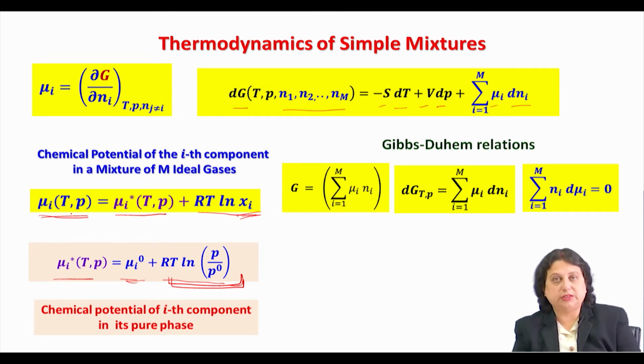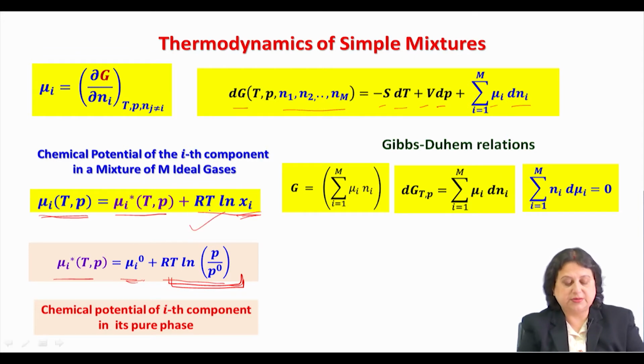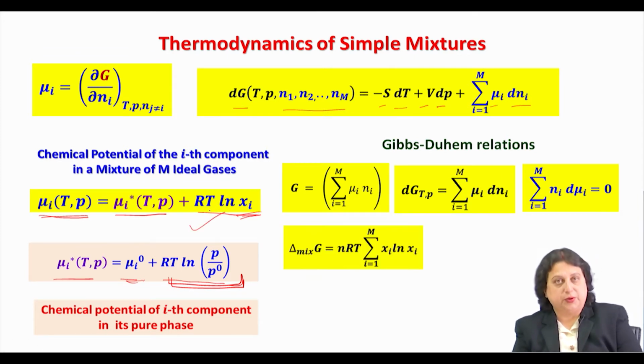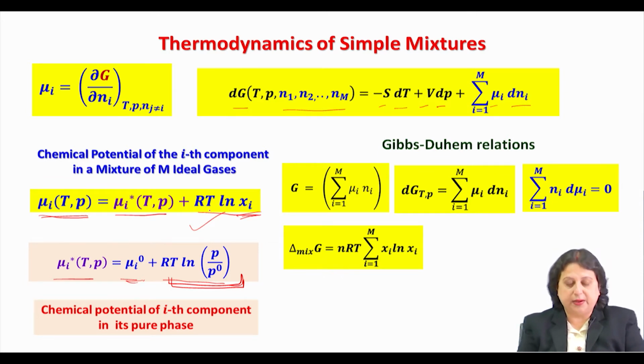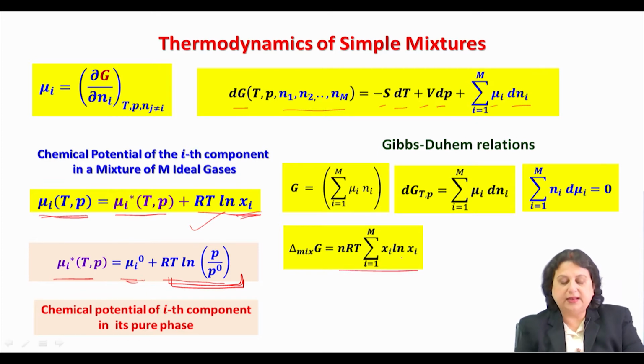So, for this purpose, one may use the Gibbs-Duhem relations, about which we have talked earlier. And if I use the Gibbs-Duhem relations in conjunction with the expressions given here, it is possible to show that the Gibbs free energy of mixing of capital M ideal gases at a given temperature T and a constant pressure P is given by nRT times the summation over all components i of x_i ln x_i.